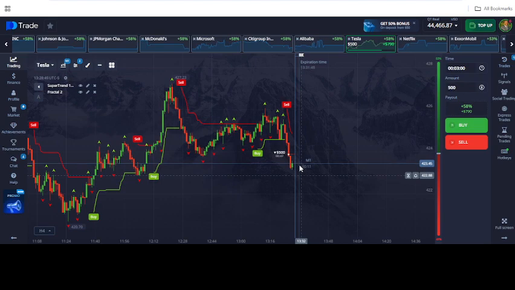Price is retracing a little bit back, but I think we're pretty good here with the entry.